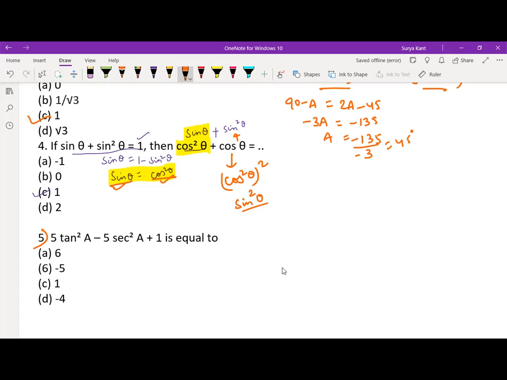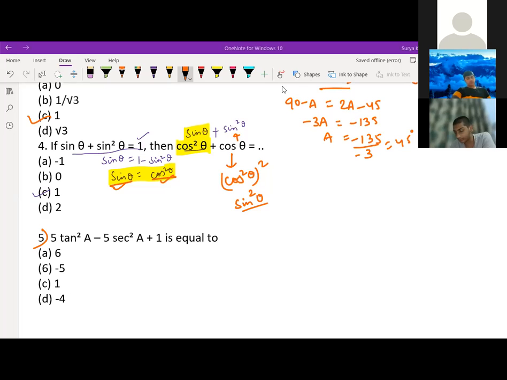So you are just converting tan into sec form, right? So tan square theta in sec square form is what? 1 plus tan square theta is equal to sec square theta.